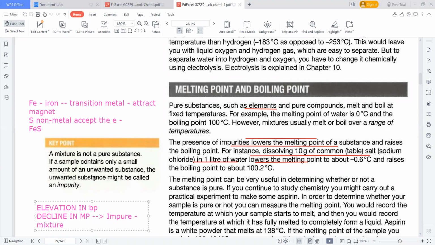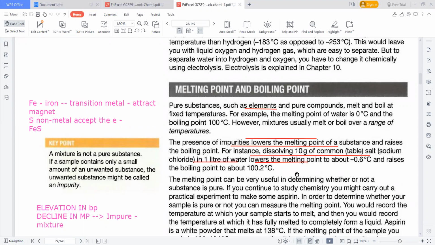Pure means only one type of particle is present in a substance. Now, when you dissolve common table salt in water, it is not pure anymore. Water boils at its normal boiling point of 100 degrees.